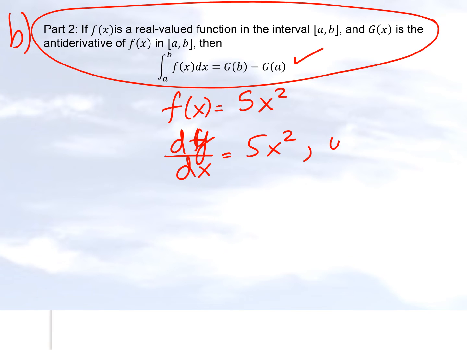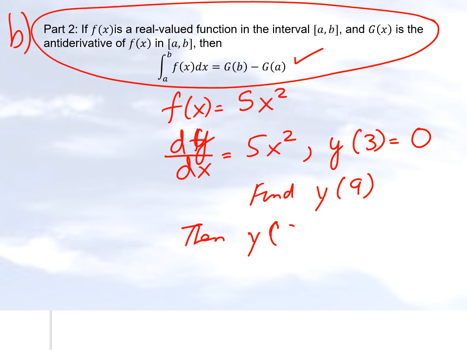And then I'm going to say that the initial condition of y at 3 is 0, because that is the lower limit of the integration. And I'll say, find y sub 9. Then y sub 9 itself will be the value of the integral from 3 to 9 of 5x squared dx.